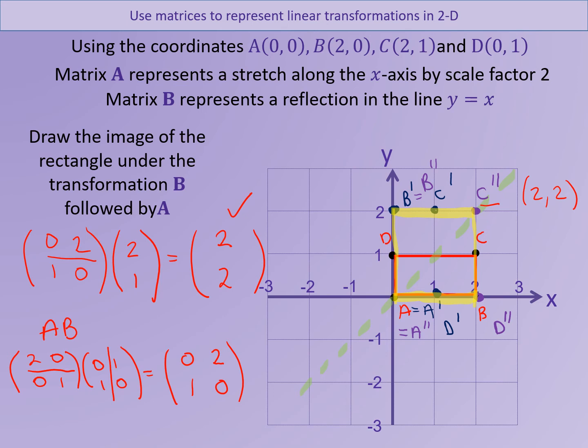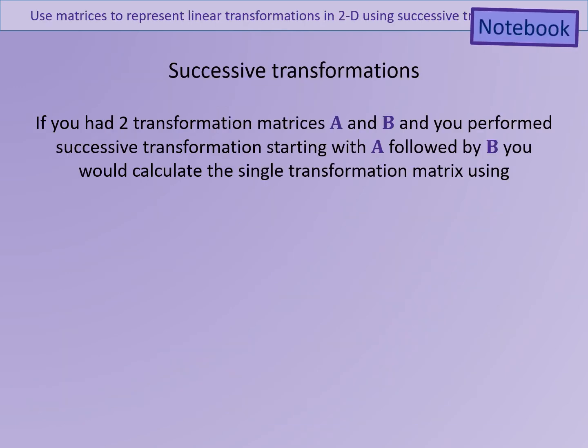Or indeed we could check by multiplying individually with matrix B followed by matrix A. So it is this matrix here that represents transformation by matrix B followed by matrix A. Successive transformations: if you had two transformation matrices A and B and you performed successive transformations starting with A followed by B, you would calculate the single transformation matrix using BA.